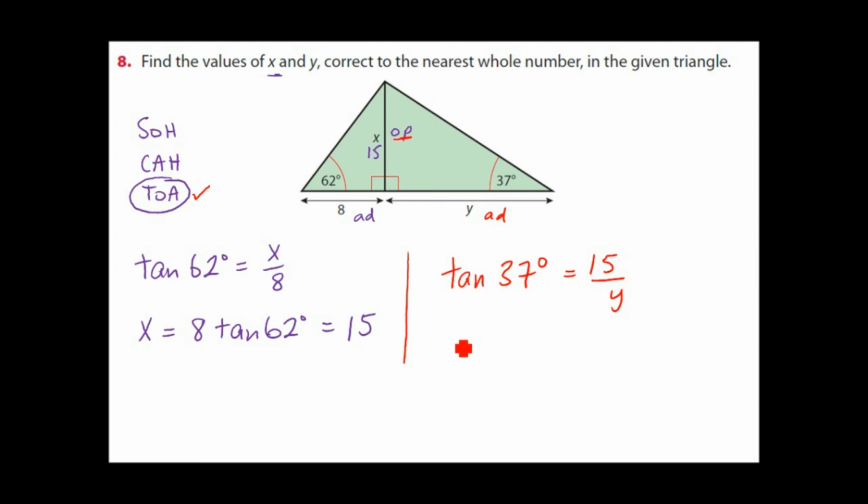We multiply both sides by y and divide both sides by tan 37, and it's as if y and tan 37 would change places. Let's do it in 2 steps. So multiply both sides by y, and now I divide by tan 37. So y is 15 over tan 37 degrees. I just type this into the calculator. And again, it's to the nearest whole number, and we see it's closer to 20.